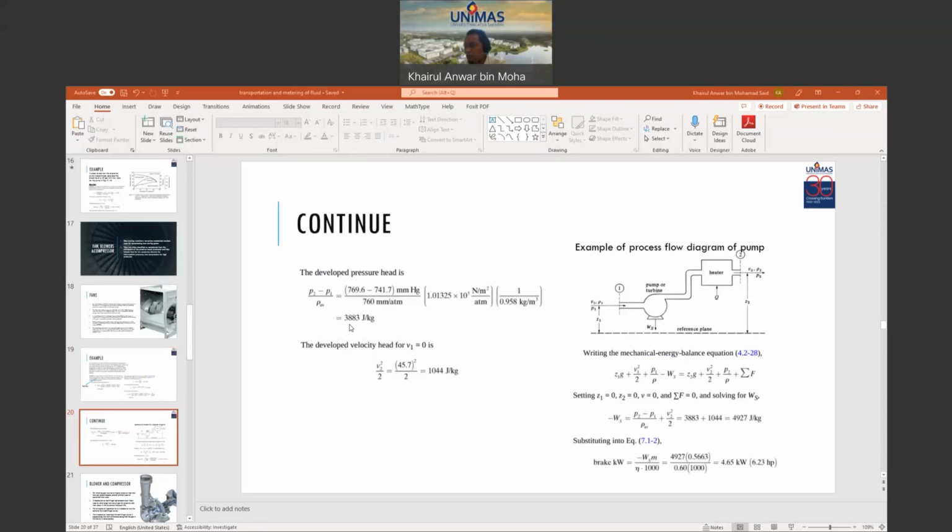So you get a developed pressure head of 3,883 joule per kilogram.